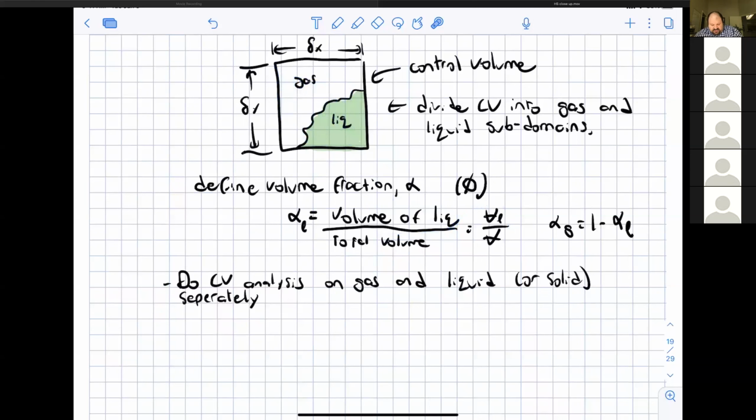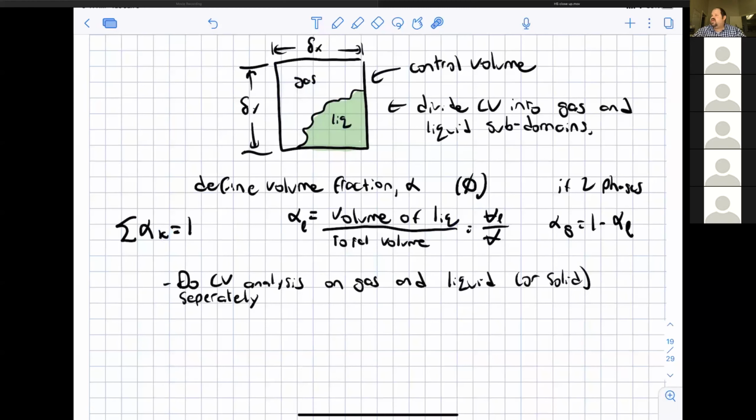And then, of course, if you have two phases, say gas and liquid, then the volume fraction of the gas is just 1 minus the volume fraction of the liquid, because again, it's defined to be a fraction. So the sum of alpha k equals 1, where k is a number of phases.